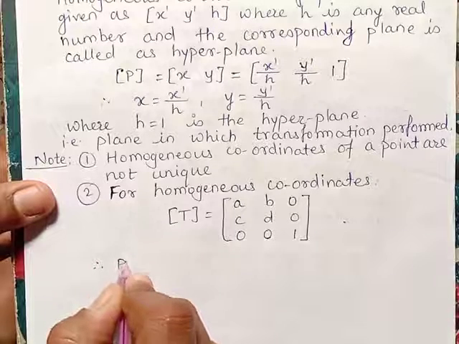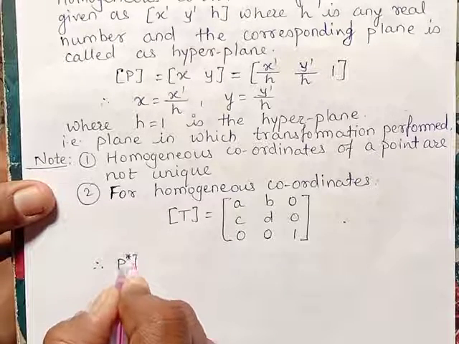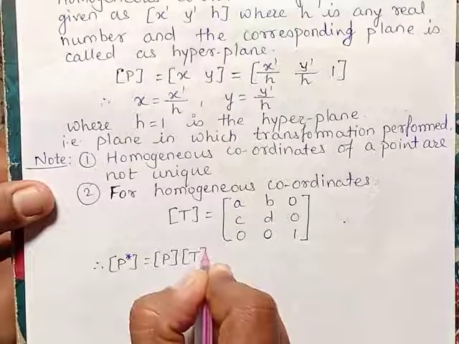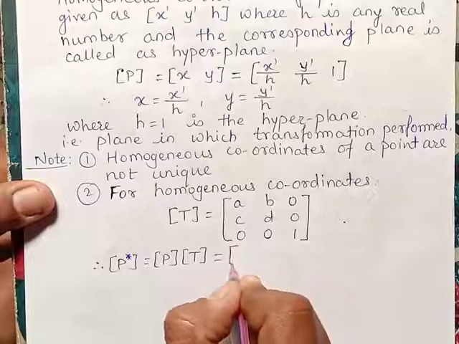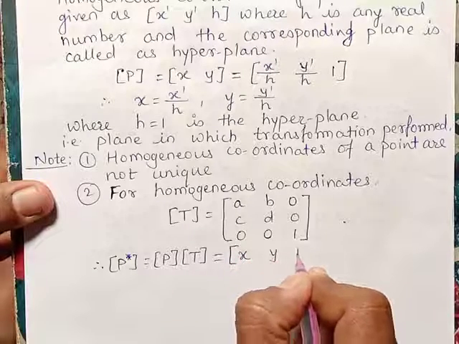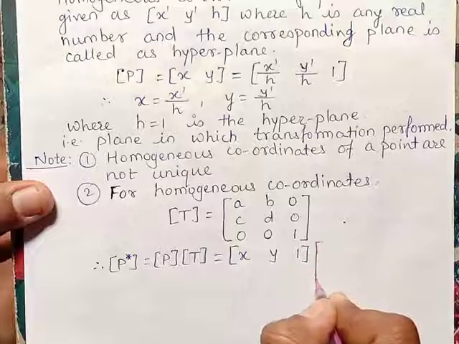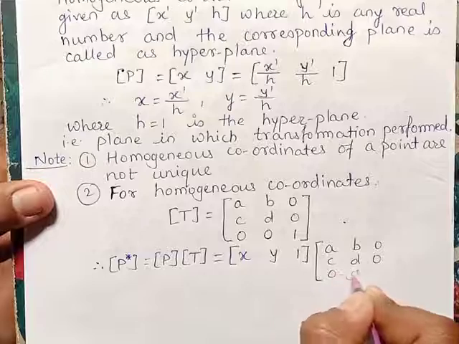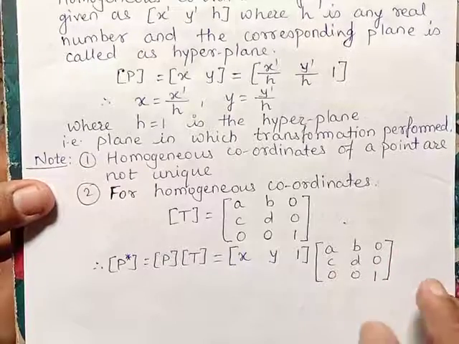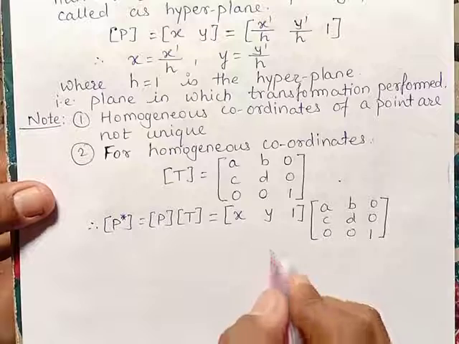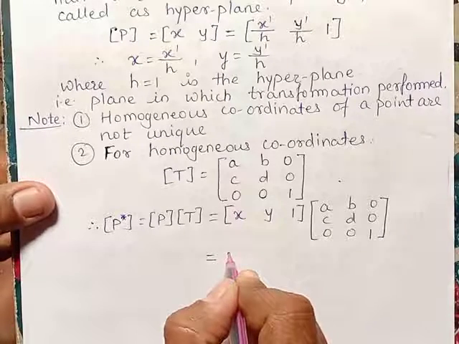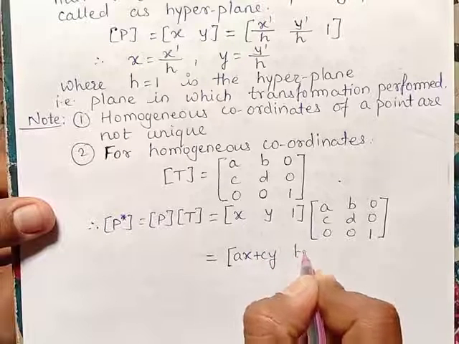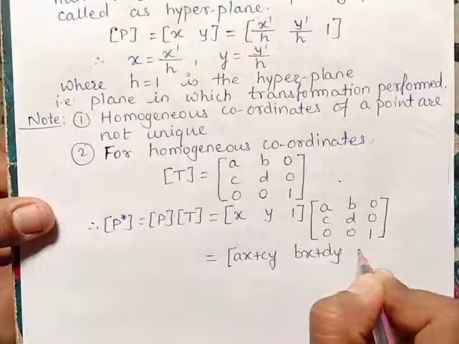Therefore, P star will be P into T. P is x, y, and we will write 1. And here ab0, cd0, 0, 0, 1. Okay. So this gives us ax plus cy, bx plus dy, and 1.